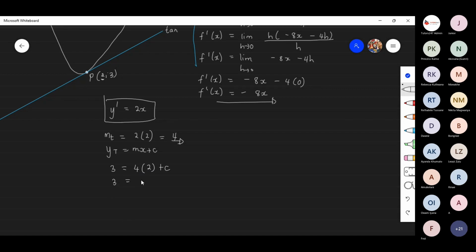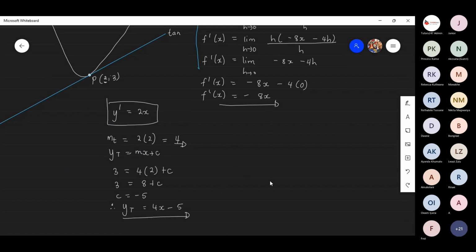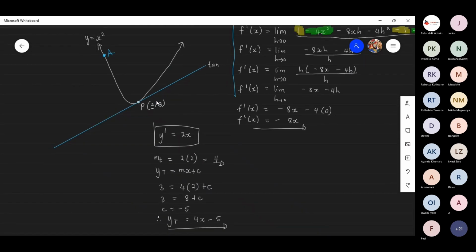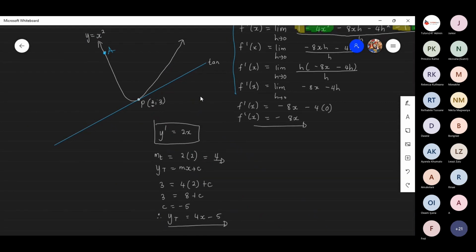That'll give you 3 equals 8 plus c. Simplify that, and c equals -5. Therefore, the equation of that tangent will be y equals 4x minus 5.